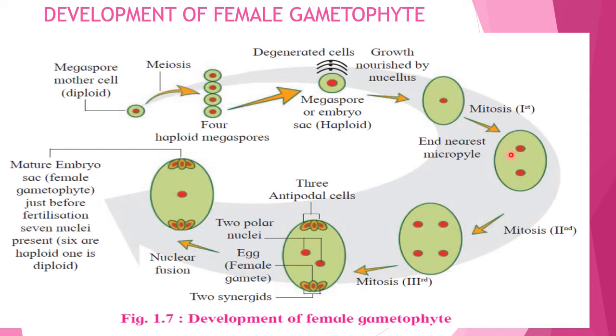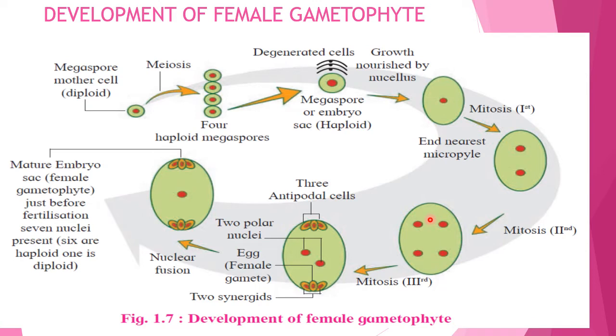By the first mitosis there will be two nuclei formed inside. This one nucleus divides into two. And then after the second mitosis, each nucleus again divides into two. Understood?